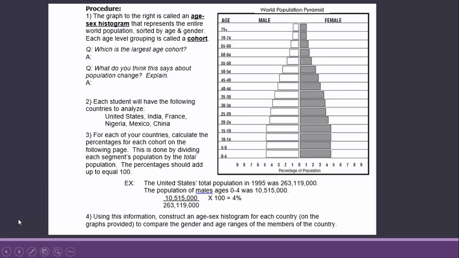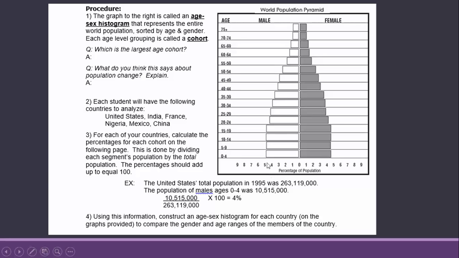If you look towards the bottom of the first page, here is a little screen cap from your lab. What we're looking at here is a world population pyramid, and you see 0% in the center, with males on the left side and females on the right side. You break them down into these cohorts, age 0 to 4, 5 to 9, etc., all the way up to 75 plus.